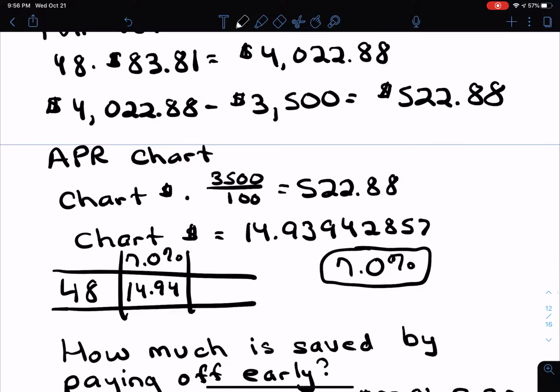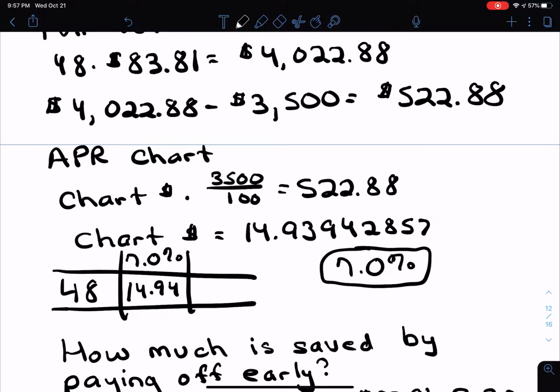So we can do that and reverse engineer a little bit with our APR chart to see what the APR was on the original loan. Normally we would take the dollars we found in the chart times the number of hundreds of amount financed to get our finance charge. But we know our finance charge.